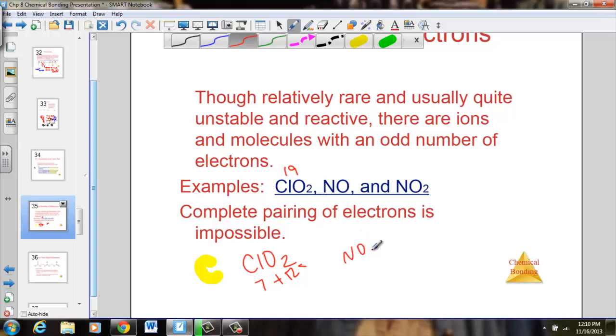Here's NO2. Nitrogen, of course, has 5. Oxygen has 6, but there's 2 of them, so we'd have 17 valence electrons in this particular structure, another scenario where somebody would be left without a partner.